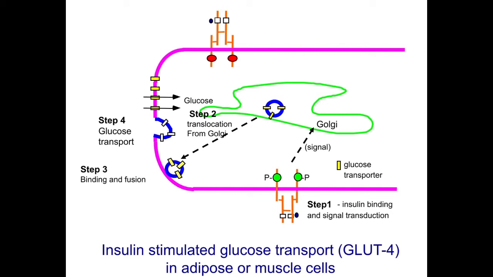And this is really very important. Insulin has this effect on only two tissues: muscle, including skeletal and cardiac, and adipose tissue, because those are the only two tissues that have the GLUT4 transporter.